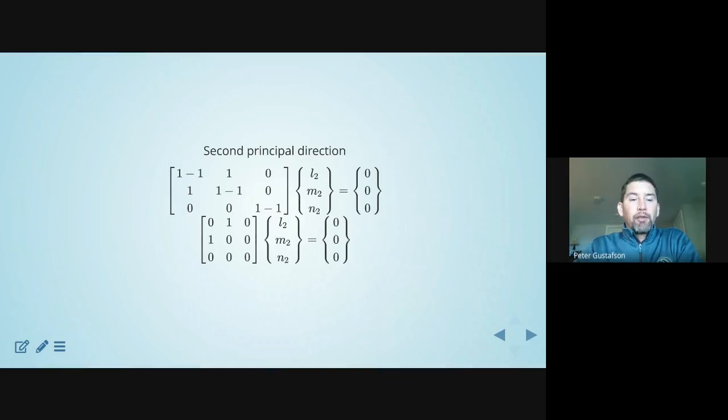And we get this matrix 0, 1, 0, 1, 0, 0, 0, 0, 0 times L2, M2, N2 is going to be equal to 0. We kind of do the same thing that we did last time. I set this problem up specifically to be easy, but we can look at these equations and make some bold statements right away.